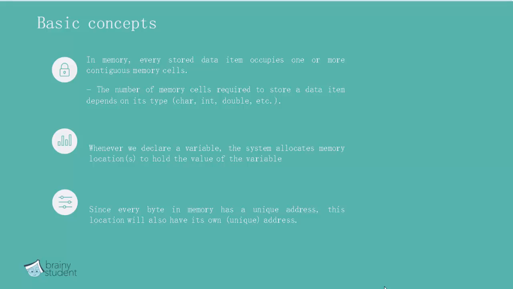Fine. If I declare a variable of integer type, how can I declare it? int a. If my compiler executes this statement, the compiler will reserve 2 bytes for the variable a. If I declare something of character type, let us suppose char s, then my compiler will reserve only 1 byte for that variable s. So the number of memory cells required to store a data item depends on the data type.